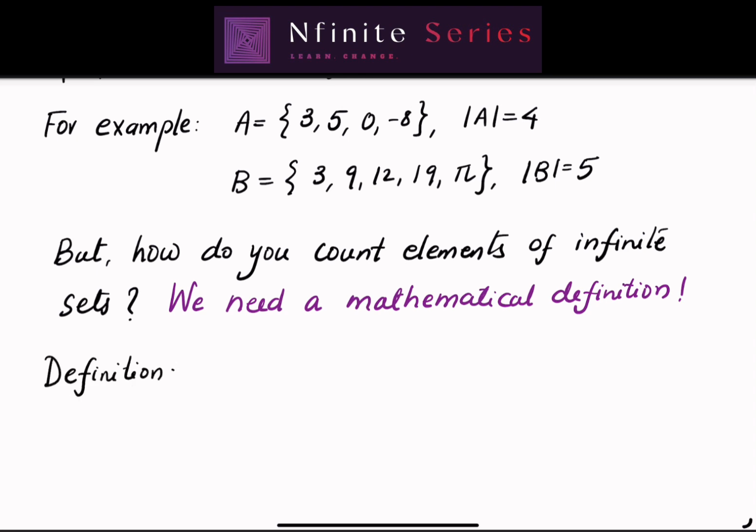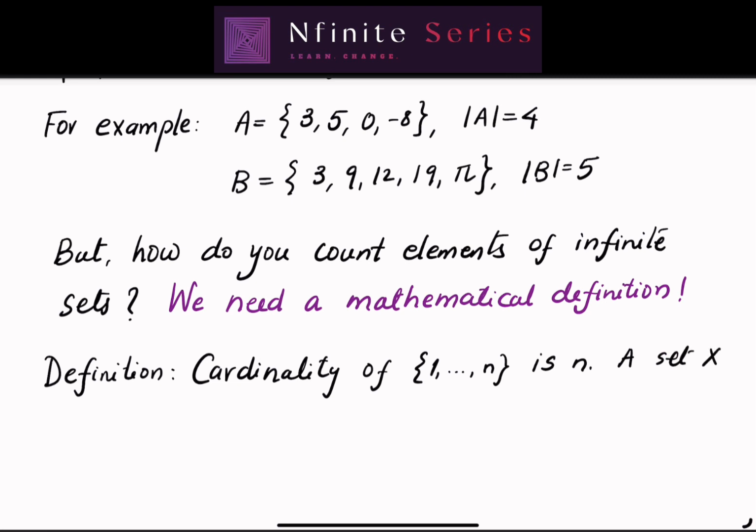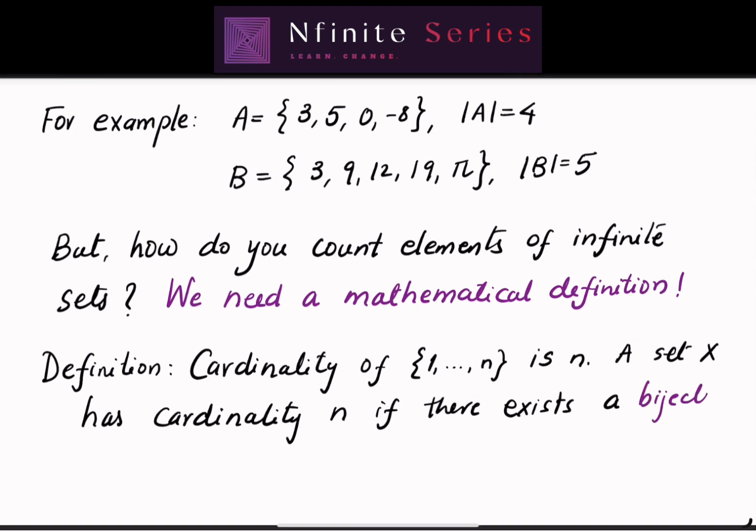Definition: we say that the cardinality of the set {1, 2, up to n}, the set of n natural numbers, is n, and a set X is said to have cardinality n if there exists a bijection, or a bijective function, f from the set {1, up to n} to the set X.